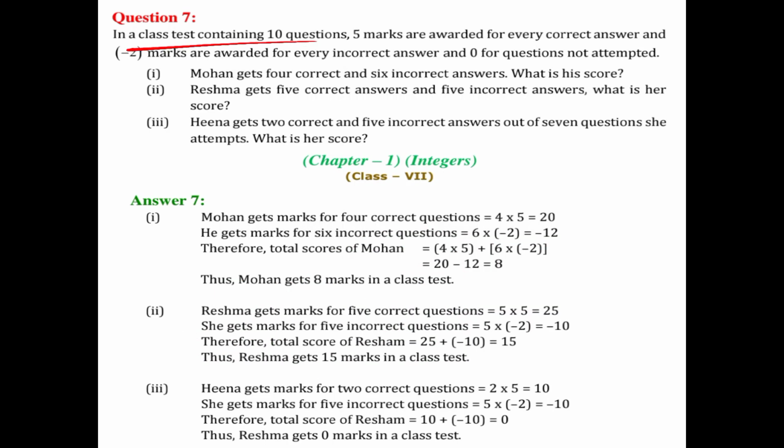So the question first is, in a class test containing 10 questions, 5 marks are awarded for every correct answer and negative 2 marks are awarded for every incorrect answer, and 0 for questions not attempted.